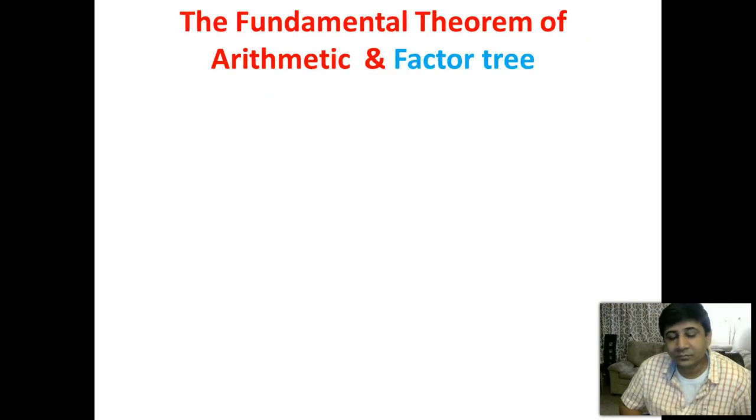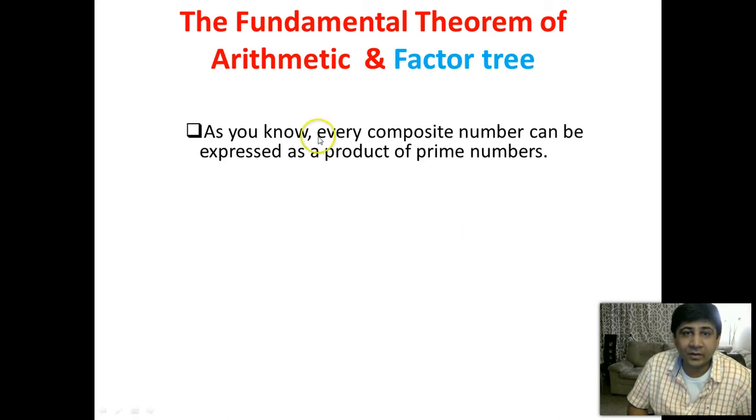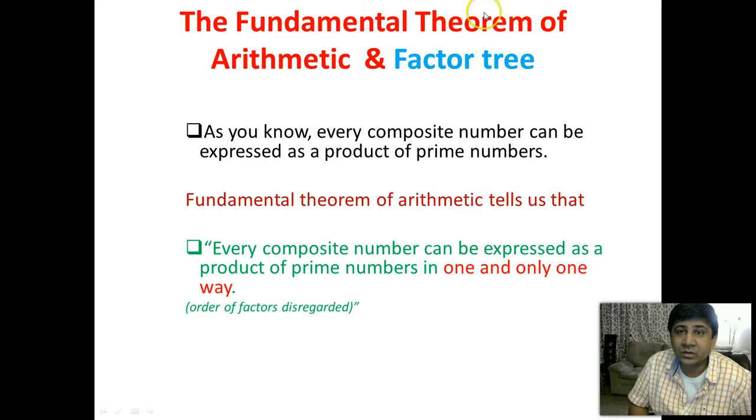Now how to find these prime factors? There's one method which is called a factor tree. We know that every composite number can be factored into prime numbers, and the method used to find that prime factorization is called a factor tree.